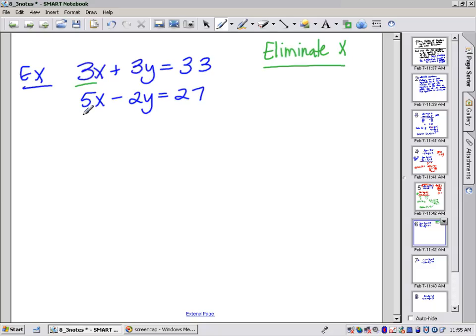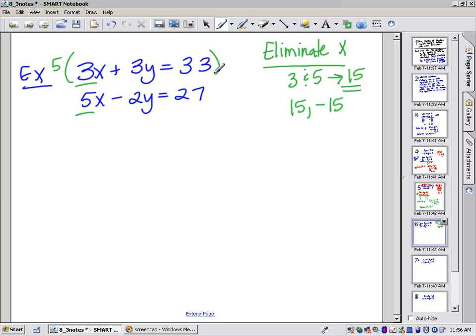If I want to eliminate the x, I've got to find a number that both 3 and 5 go into. And 3 and 5 both divide into 15. So I need one equation to have a positive 15 and one to have a negative 15, and it doesn't matter which one. So if I make the first equation a positive 15, 3 goes into positive 15 5 times.